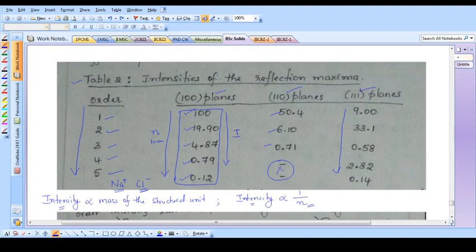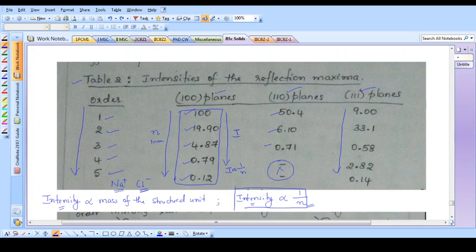So here we observe this relation holds good. Intensity is inversely proportional to n, because as n increases down the column, intensity decreases. So what does it suggest? That each of the 100 planes in sodium chloride must be made up of a similar arrangement of atoms or ions.